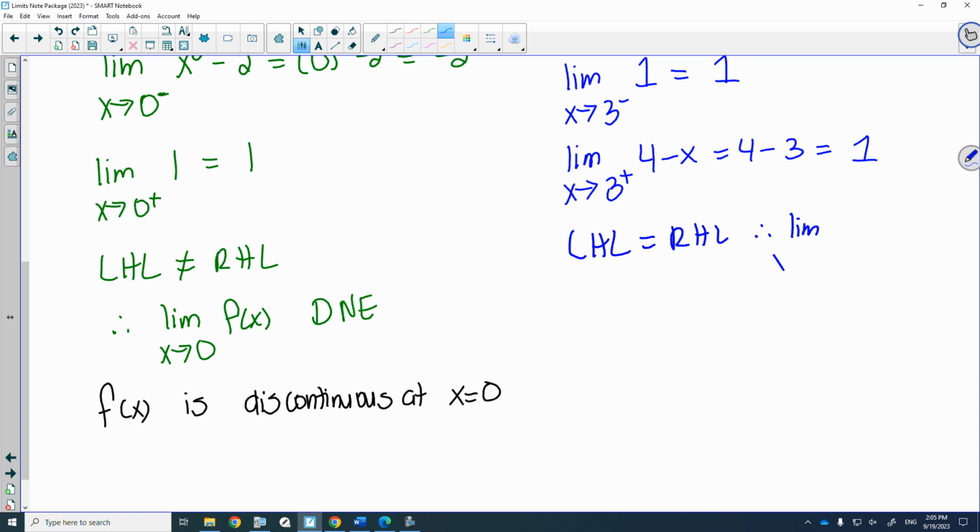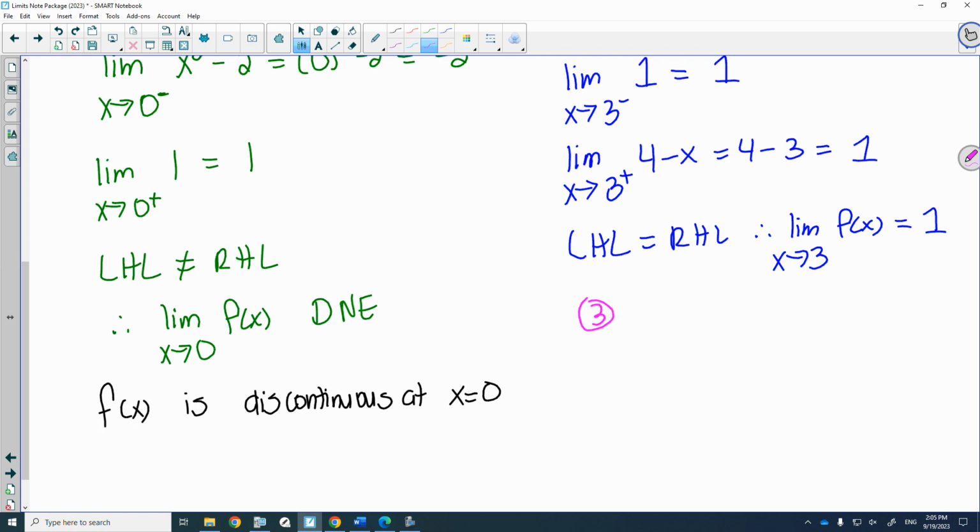And I could say that the limit as x approaches 3 of my function, if I was to graph all 3 pieces, it's going to approach the y value of 1. Does the limit equal the point? So step 3, the limit we got was 1. What was the point we got, the y value on the point? 1.